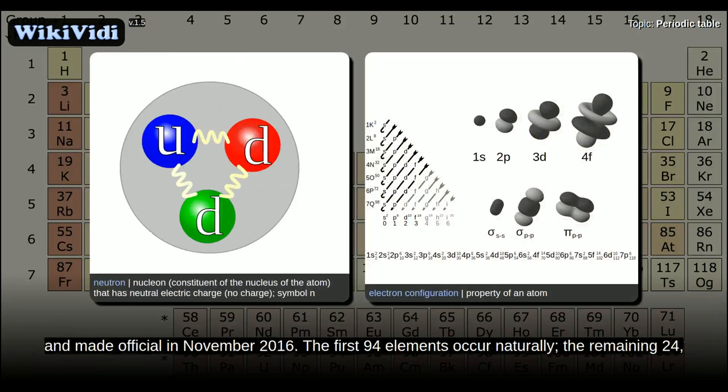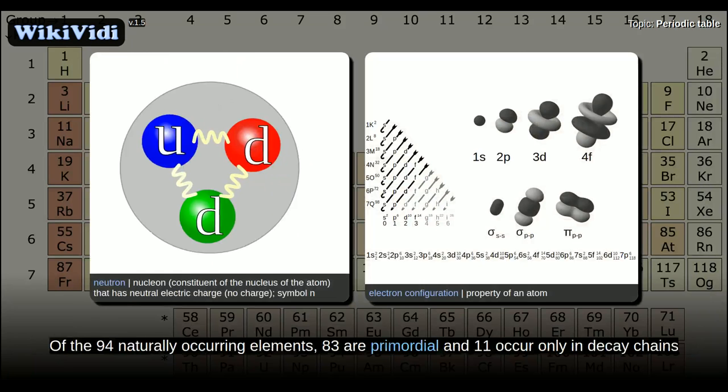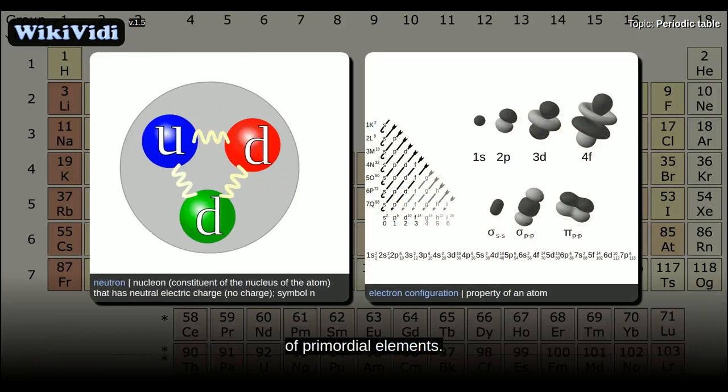The first 94 elements occur naturally, the remaining 24, americium to oganesson, occur only when synthesized in laboratories. Of the 94 naturally occurring elements, 83 are primordial and 11 occur only in decay chains of primordial elements.